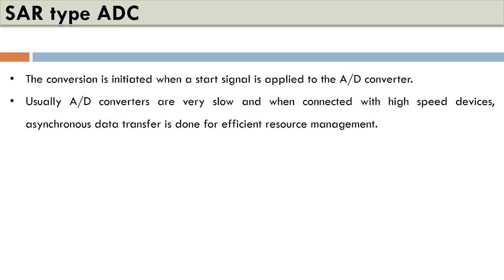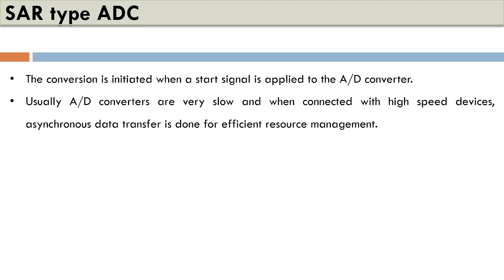And as we all know, A to D converters are very slow, and when they are connected to high speed devices such as microprocessors, microcontrollers, the data transfer is not done efficiently. And in order to do the data transfer efficiently, we need to go for asynchronous data transfer.